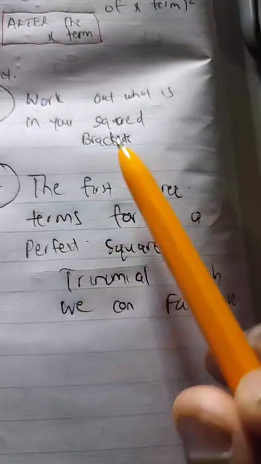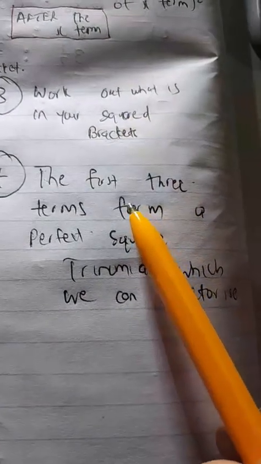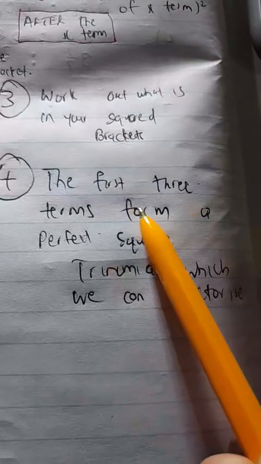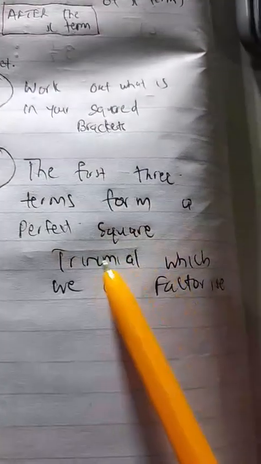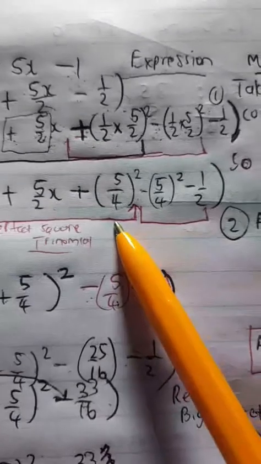I repeat, the first 3 terms, after you have worked out what is in each square bracket, form a perfect square trinomial which we can factorize. So let's go back here.